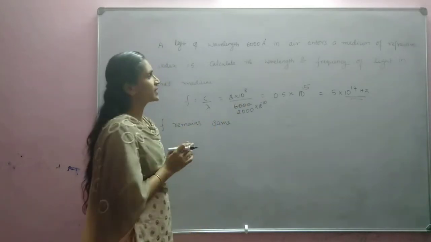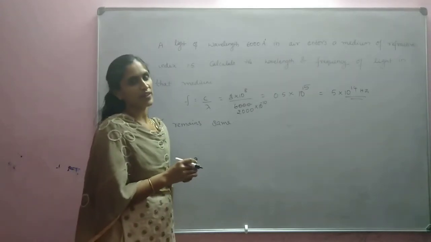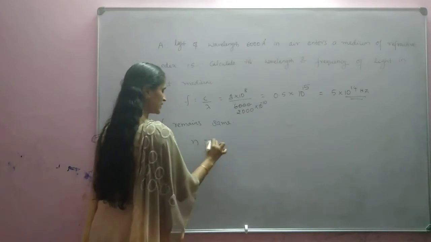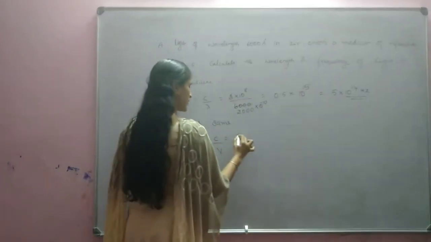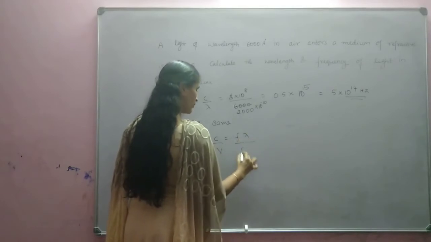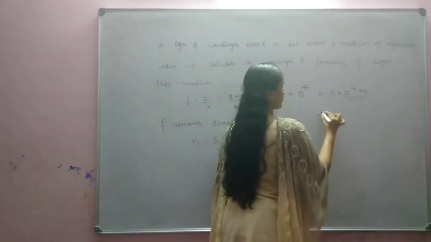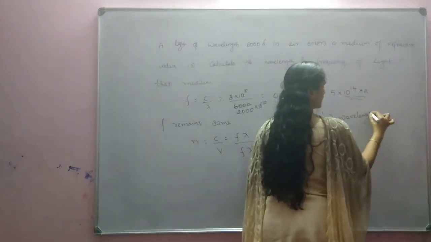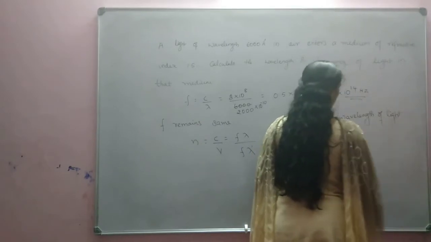Now you can find the wavelength of light in that medium. How to find wavelength? You know that refractive index is equal to C by V, and this can be written as f into lambda divided by f into lambda dash, where lambda dash means the wavelength of light in that medium.